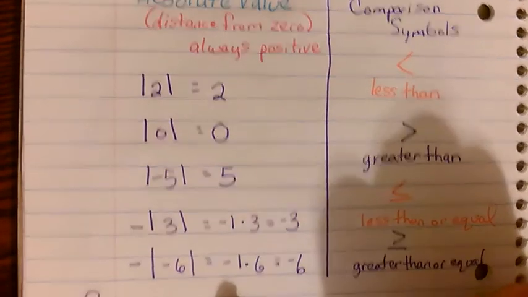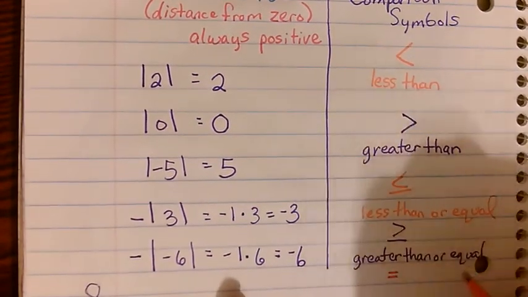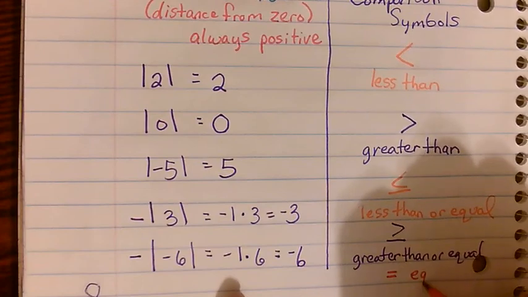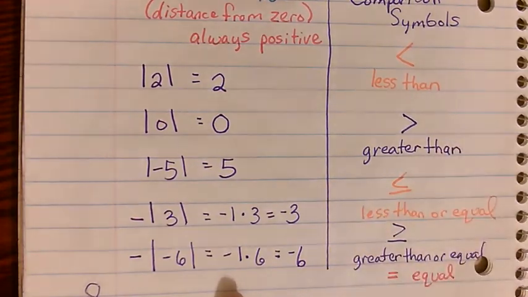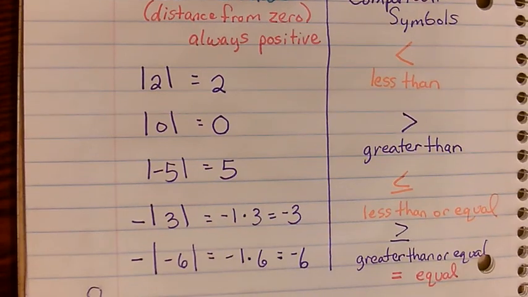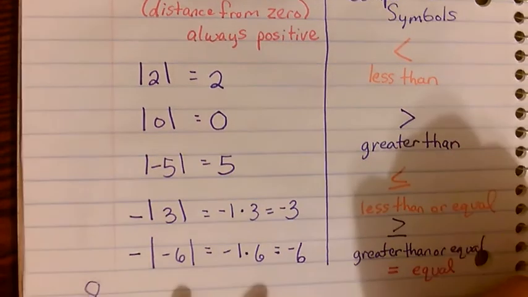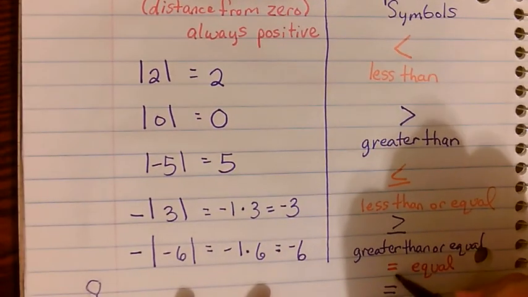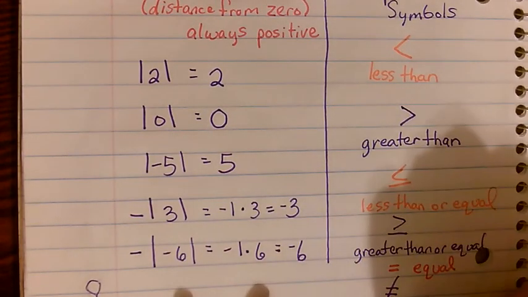You already should know this one, no brainer here. This means equal. Just write it beside it. But not equal. How many people know what that symbol is? I'll go ahead and write it, but you just put a slash through it. That slash means not.